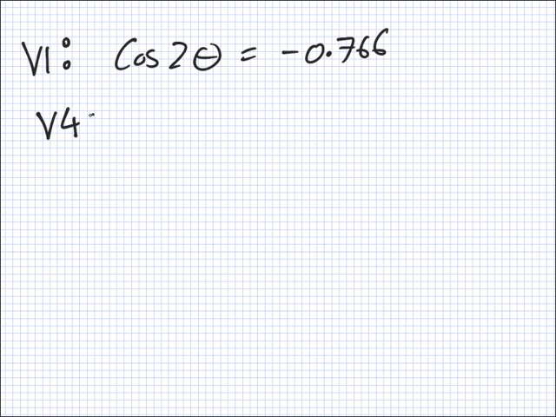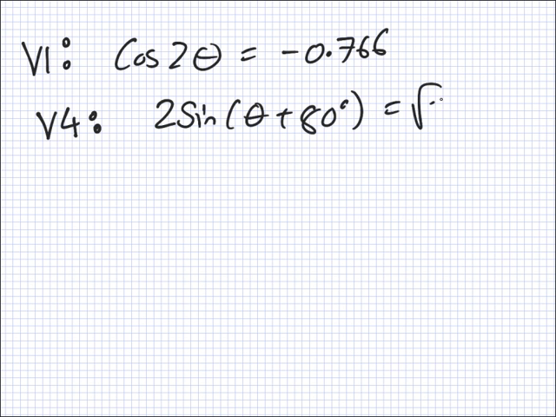Version 1, the equation looks like this: cos 2 theta equals minus 0.766. Version 4, there we go: 2 sine theta plus 80 degrees equals root 3.